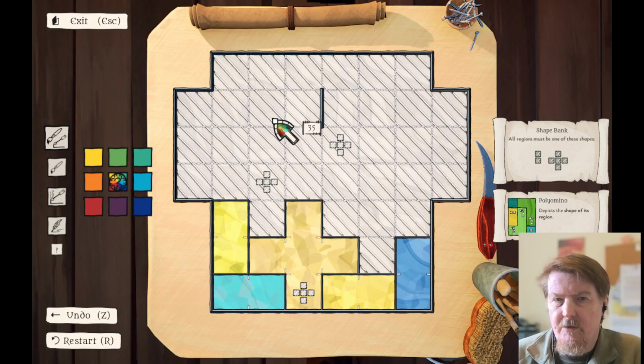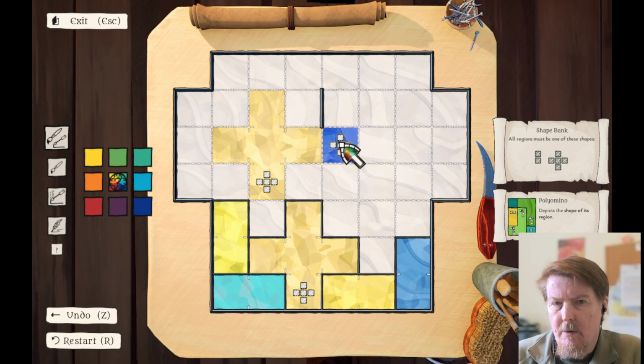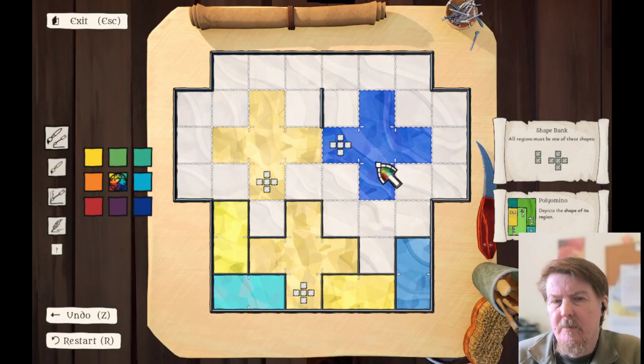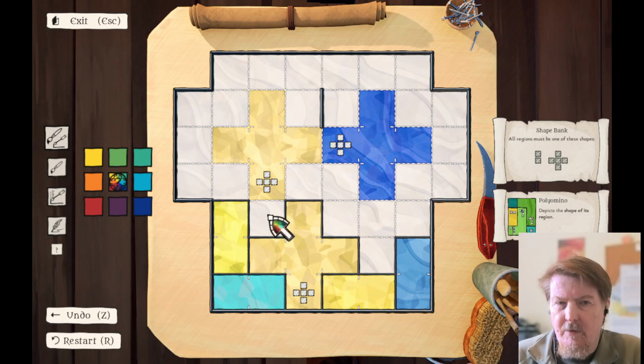So that's 35. I need to fit 3 pluses in. If I do it that way, then I'm left with an odd cell, so that doesn't work.